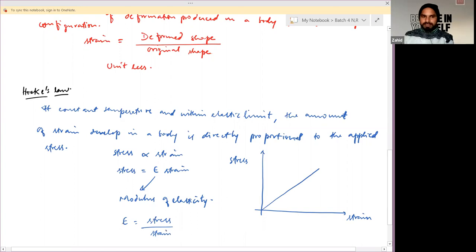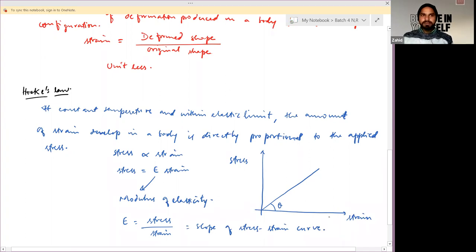So the modulus of elasticity is the ratio of stress applied to an object divided by the strain produced in it. So it will be perpendicular over base, which equals the slope of the stress strain curve or graph.